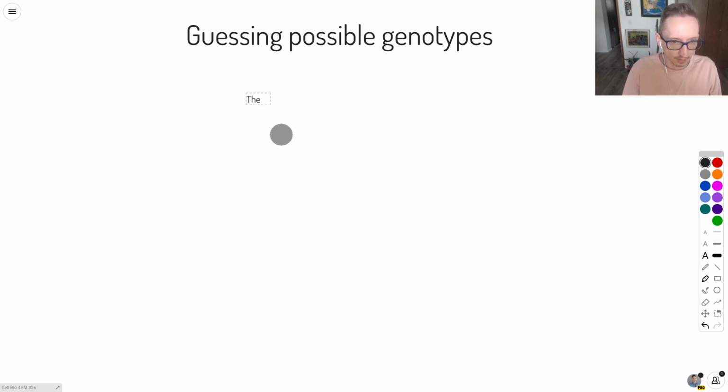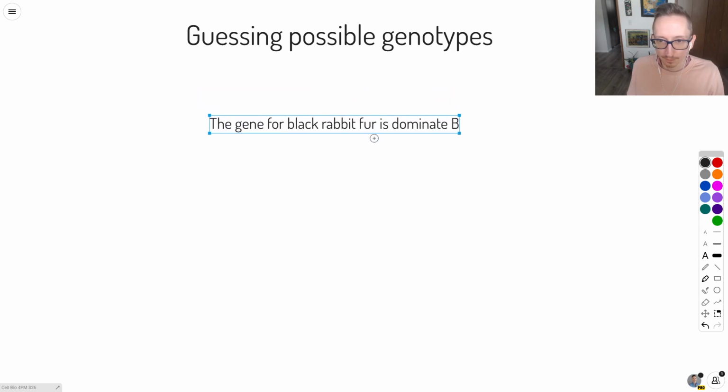The gene for black rabbit fur is dominant, and that would be a big B. The gene for white rabbit fur is recessive, and that would be little b.